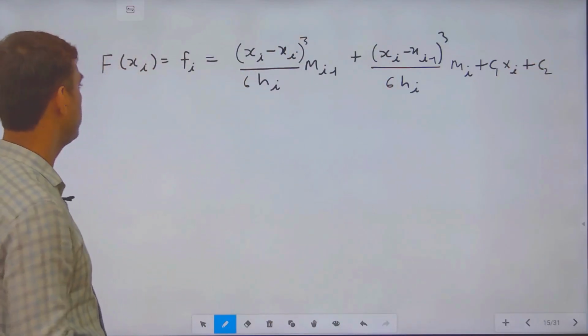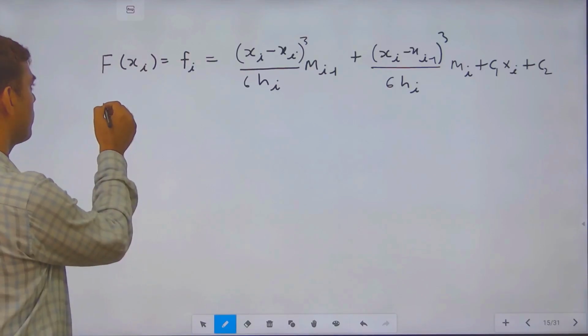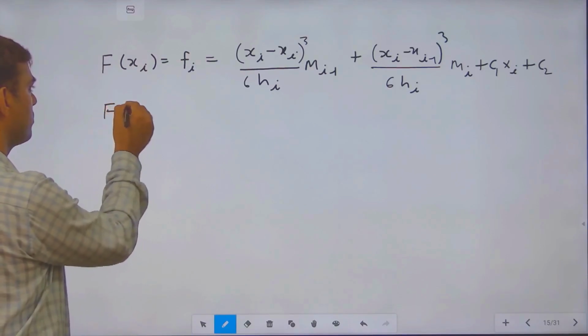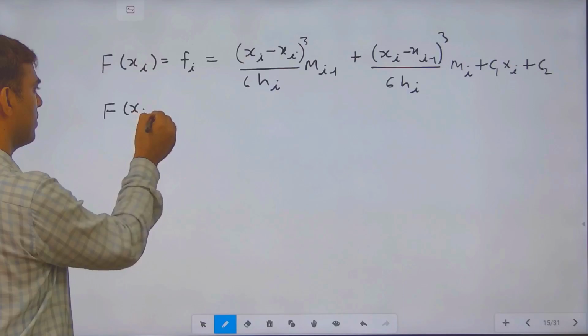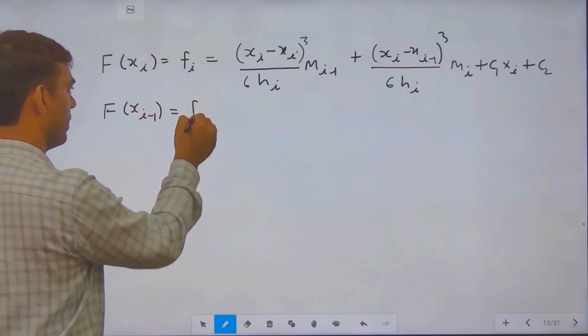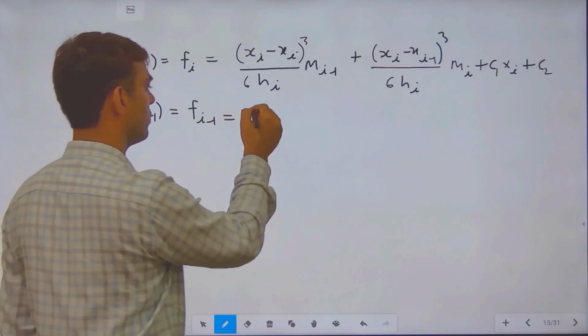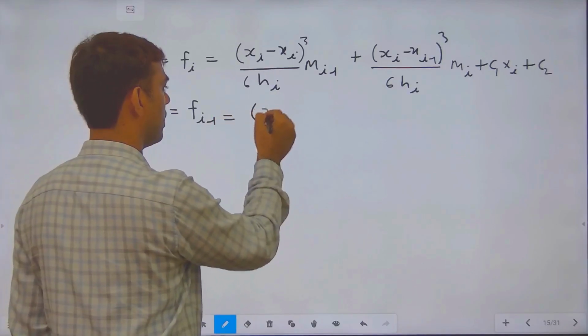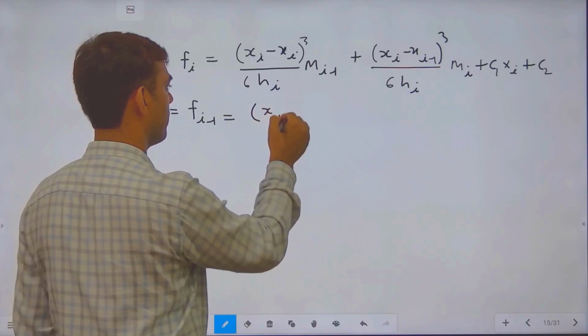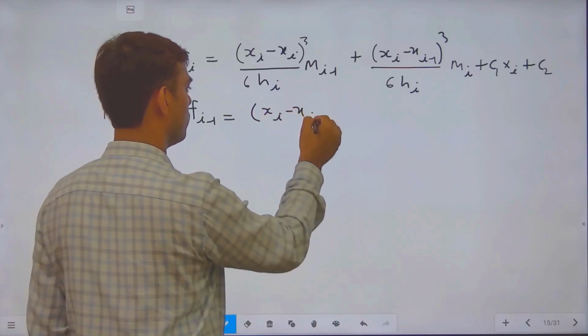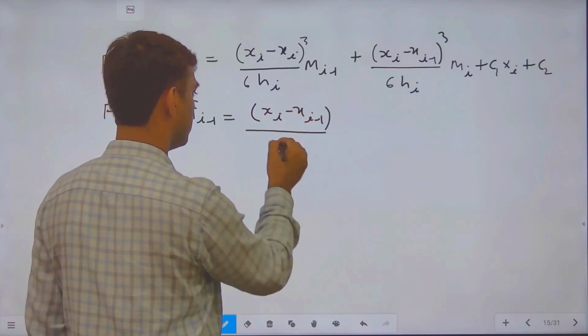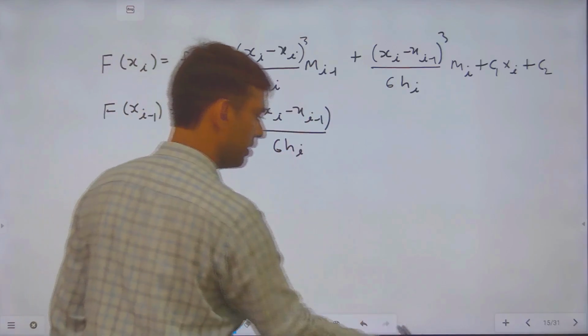Similarly, if we put x equal to x_{i-1}, then this gives f(x_{i-1}) equals F_{i-1}.